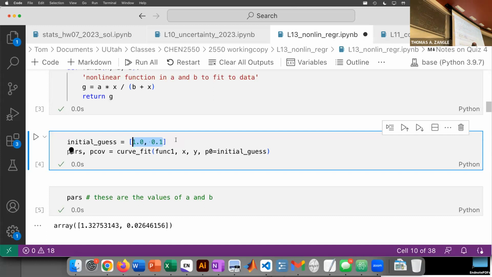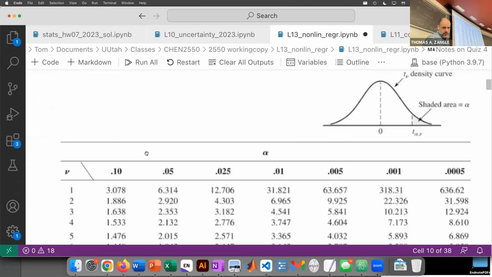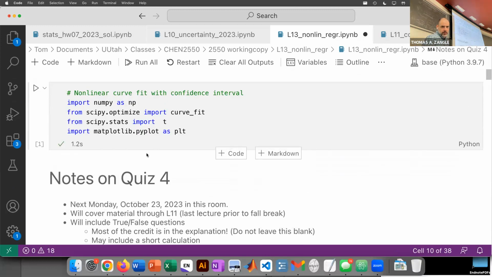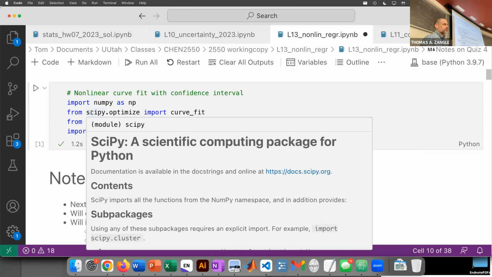We need to have some guess as to what we think those parameters might be. And so in this case, we're going to use initial guesses of 1 and 0.1, maybe based on something else we know about the function or the data or what it represents. And then we're using this curve fit function, which we imported from scipy.optimize, right?